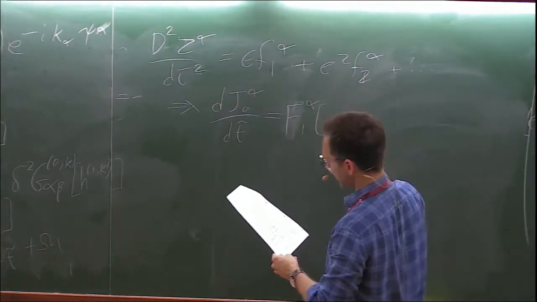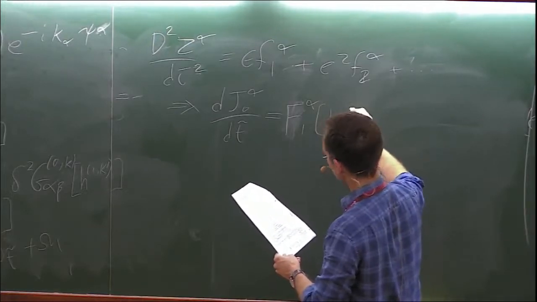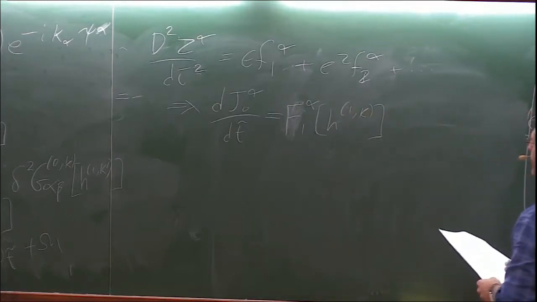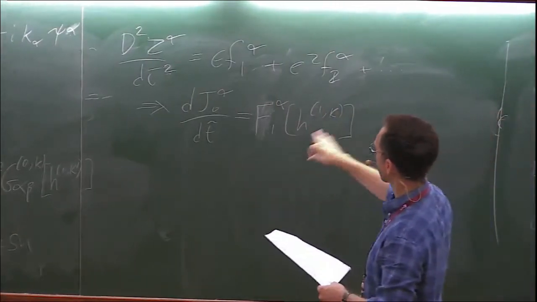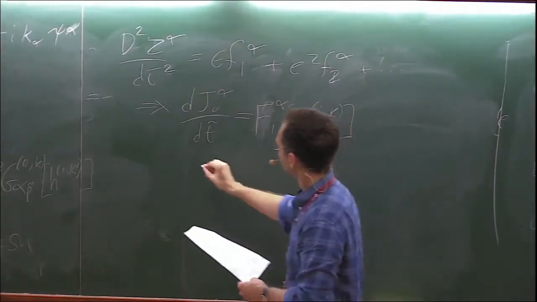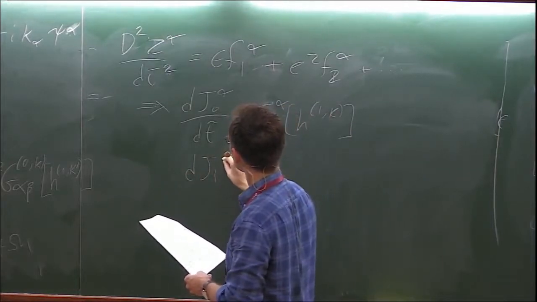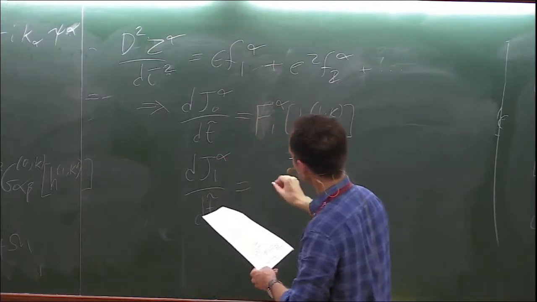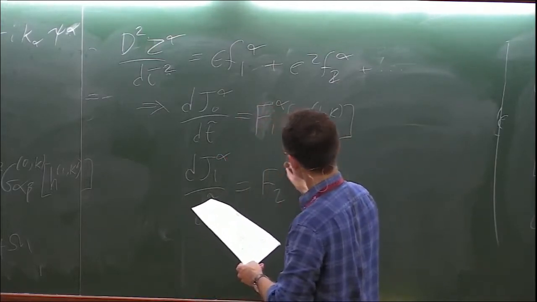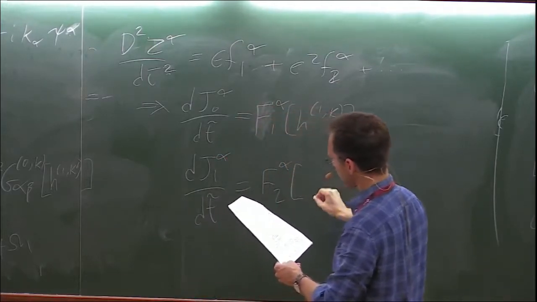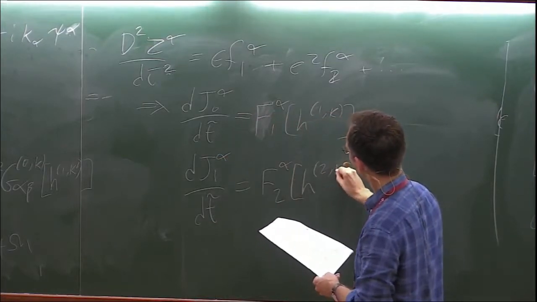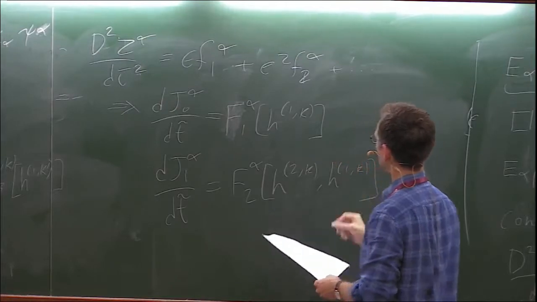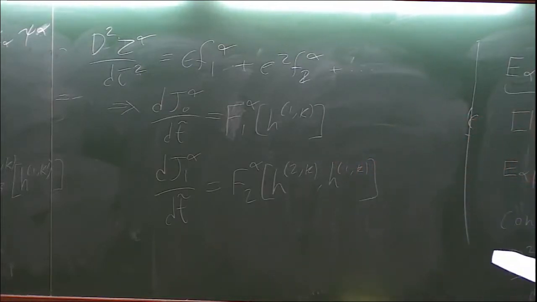Now each of these is constructed from just the mode amplitudes of the first order field. Okay, and the phase factors just cancel out. Then you have an evolution equation for J1, which I'll write in kind of schematic form here again. Again, it only depends on the amplitudes and not on the phases.